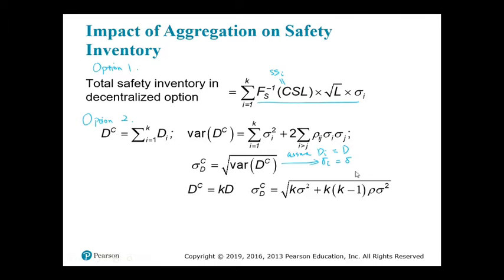Then DC is just equal to K times D. And then sigma DC is equal to the square root of K times sigma squared plus K times K minus 1 times rho sigma squared, where we assume rho ij is equal to rho.